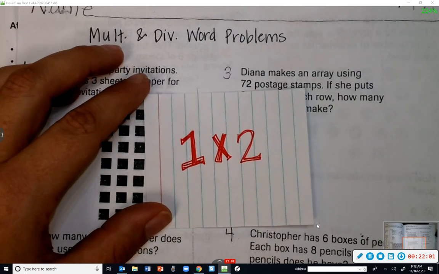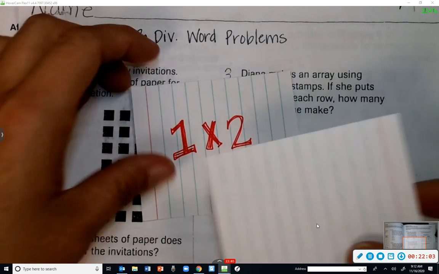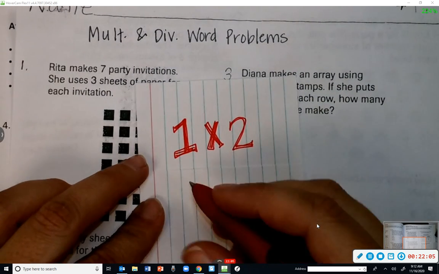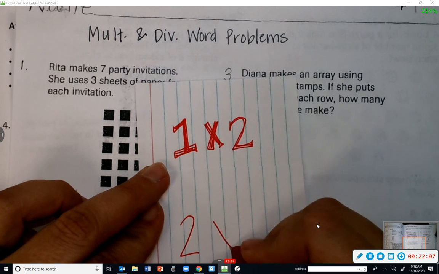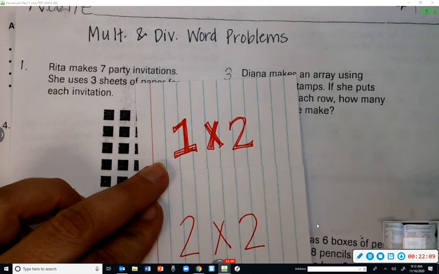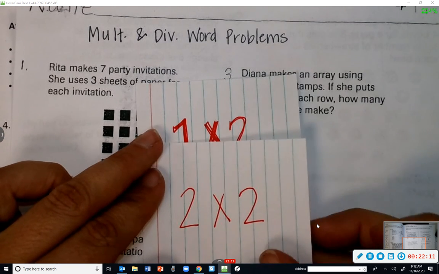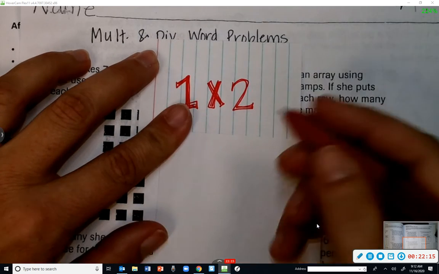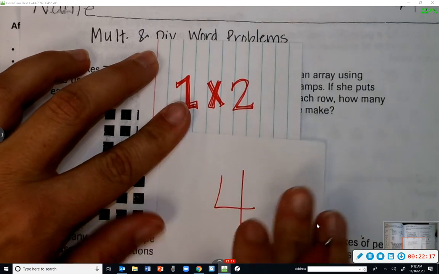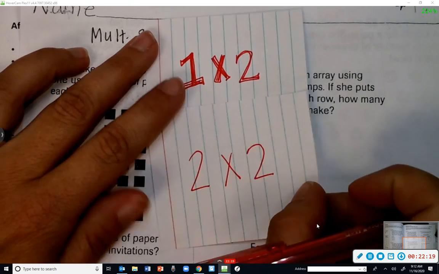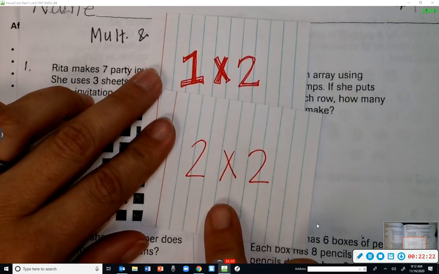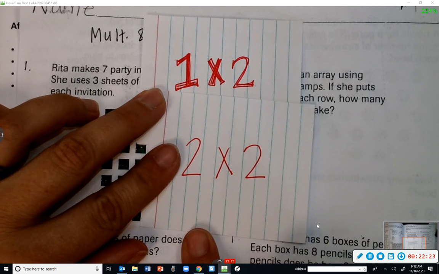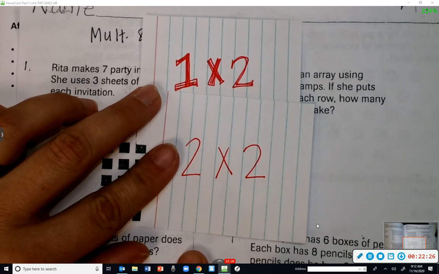Okay, and so the next card you would do 2 times 2. We're going to do all the 2s first and then go back and do the 5s and 10s. So 2 times 2, we write the answer on the back. Okay? And so my next card I make is going to be what? 2 times 6. 3 times 2.